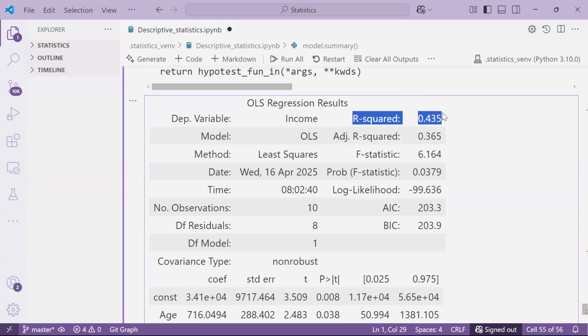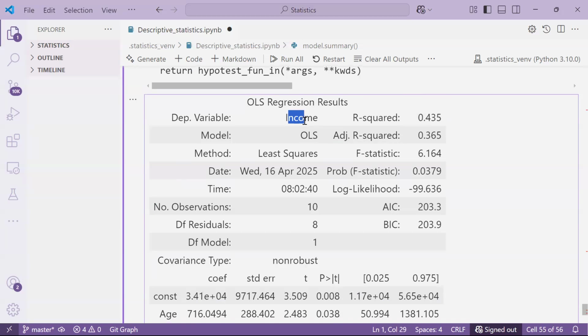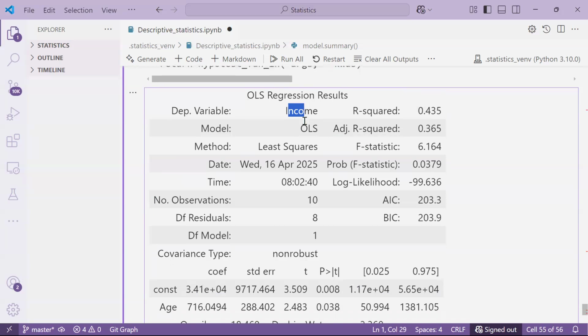So your R square is 43 percent: 43 percent of variance in income is explained by age. That means it is not too strong; there is some variation left.